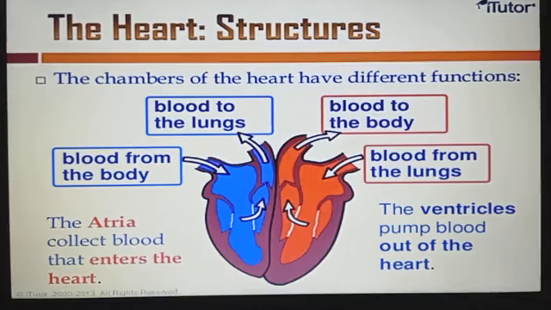The blood that is brought from the body is brought to the heart, and then it is taken to the lungs. Then on the left side you can see, the blood is brought from the lungs, and then through the heart it is pumped to various parts of the body.